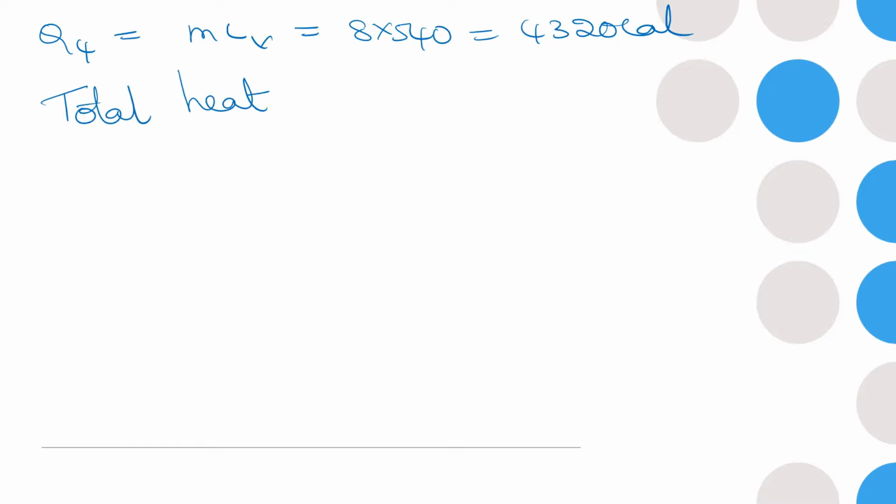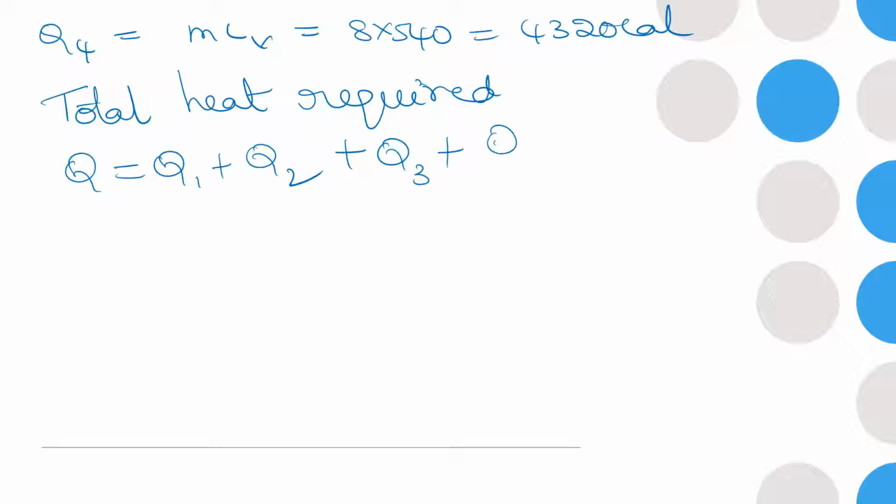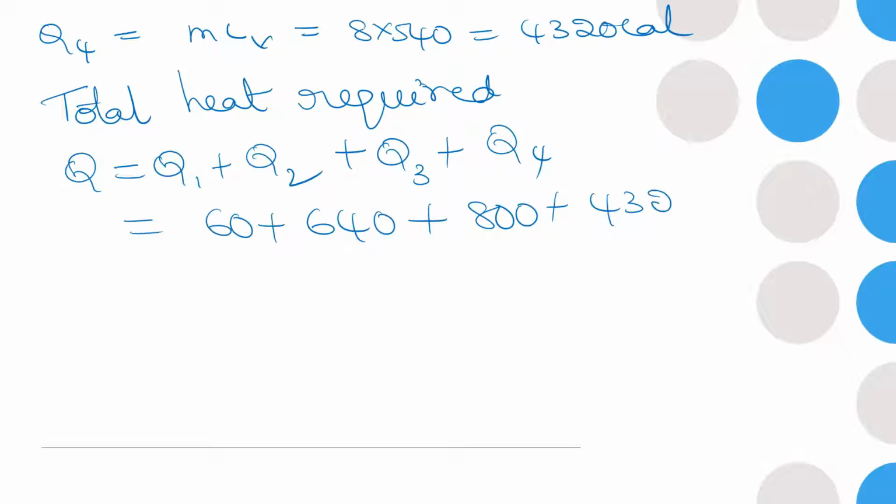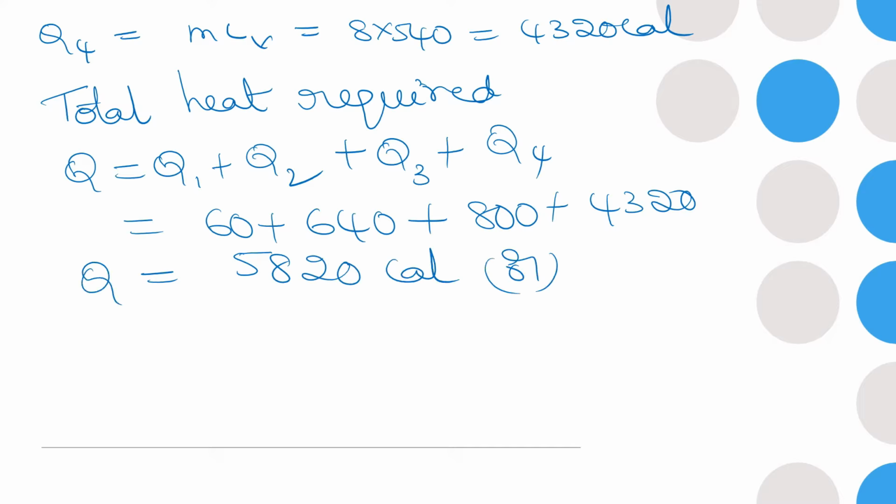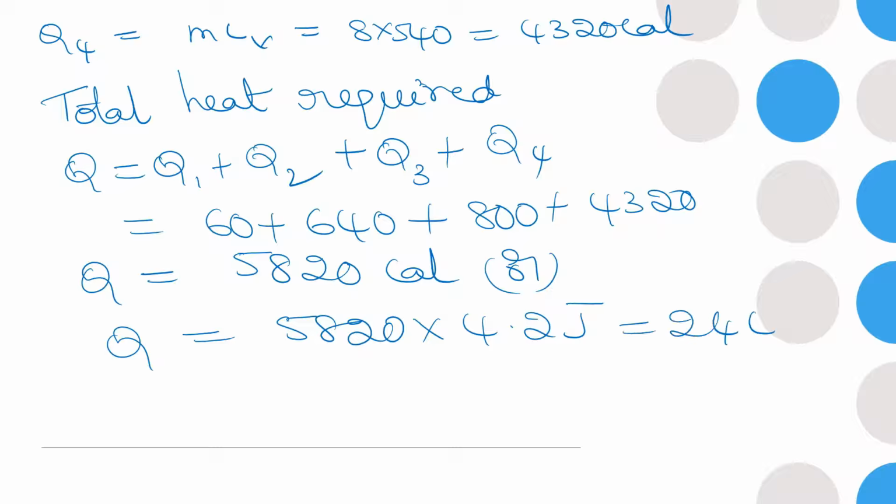Total heat required is Q equal to Q1 plus Q2 plus Q3 plus Q4, so that is equal to 60 plus 640 plus 800 plus 4320, so total 5820 calorie, or converting into joules, 5820 into 4.2 joules, that is equal to 24,444.